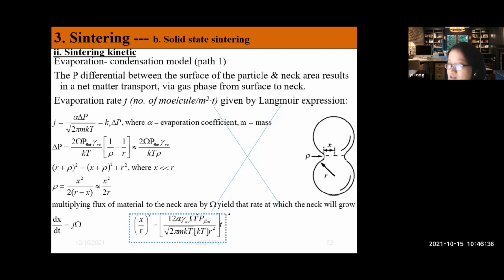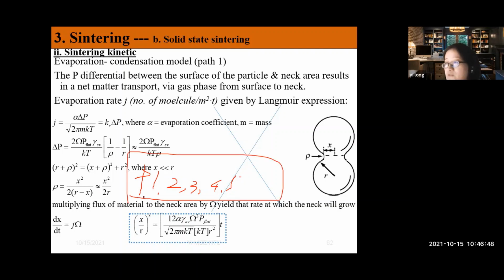As I just said, P1, 2, 3, 4, and 5 happen at any time. It's just more or less which one is faster. So in each of the 3 stages, all of them are going to happen, and in each stage you have to calculate which one has the higher rate.